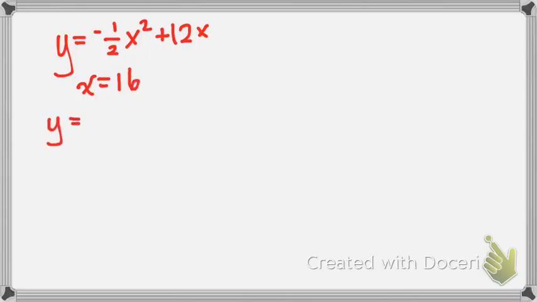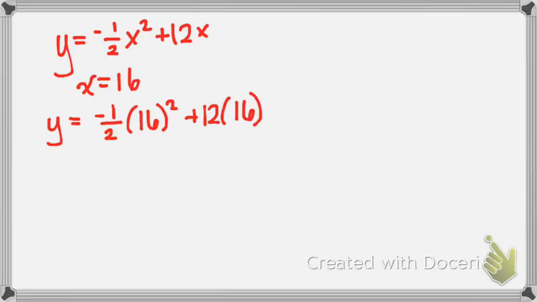So we take y, that equals -1/2 times 16 squared plus 12 times 16. And so that gives us -128 plus 12 times 16, which is 192. And I put these two together and I get 64.